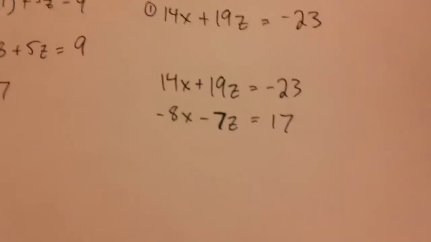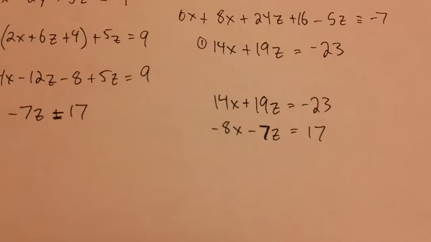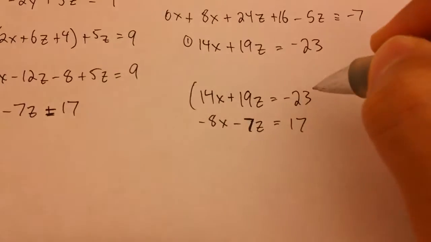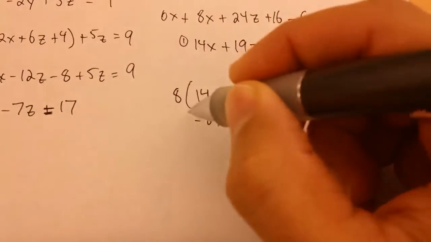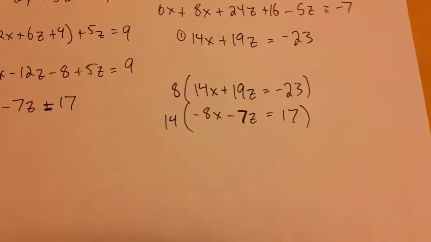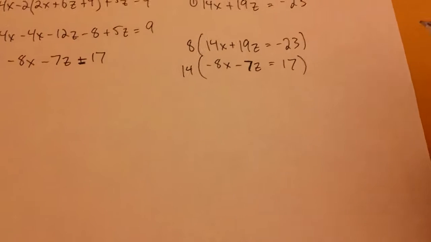And okay, so which variable are we going to go for? Let's get rid of the x's, I guess. So I'm going to multiply this by 8. I'm going to multiply this by 14. And so the new equations, I'll work on my calculator here.